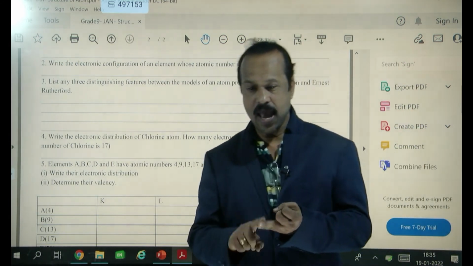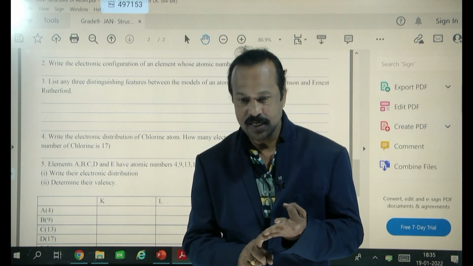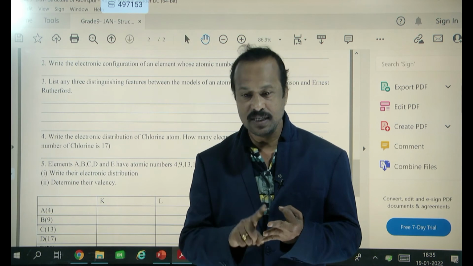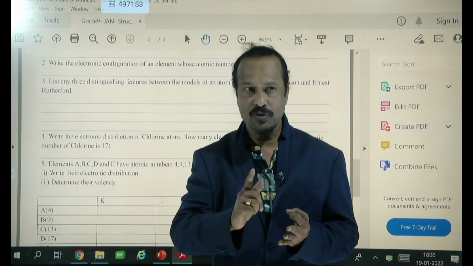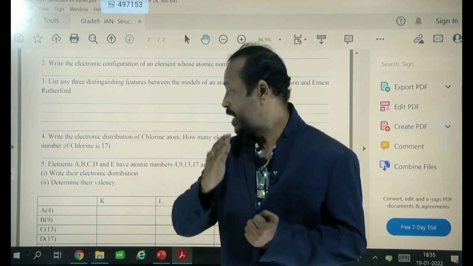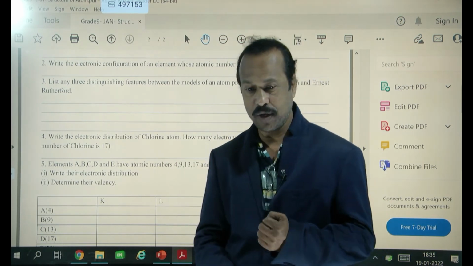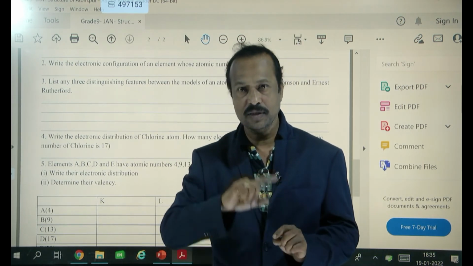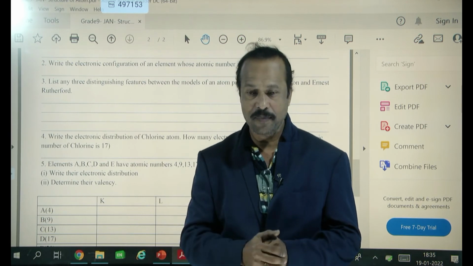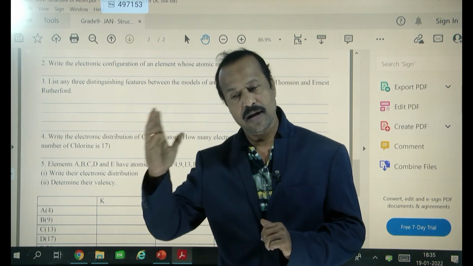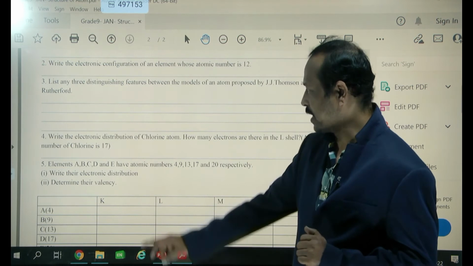So K, L, M: the first shell is the K shell, the second is L, the third is M. So we write the electronic configuration as 2, 8, 7, as it is 17. The K shell consists of 2 electrons, the L shell of 8 electrons and the M shell of 7 electrons: 2, 8, 7. Good.